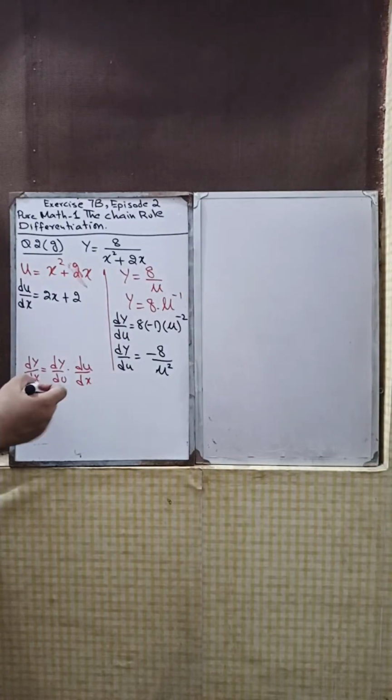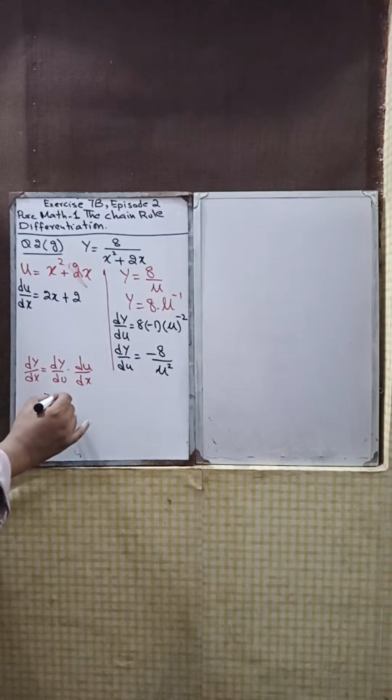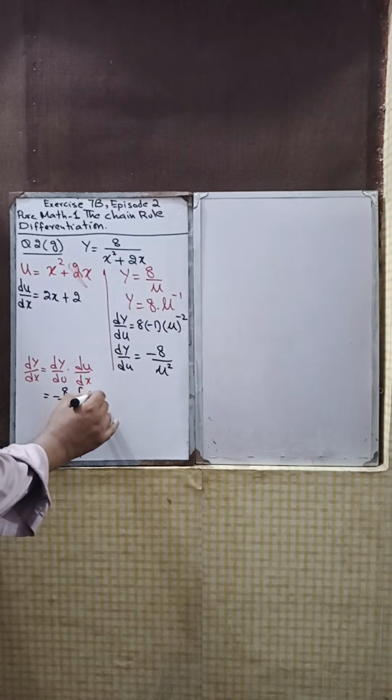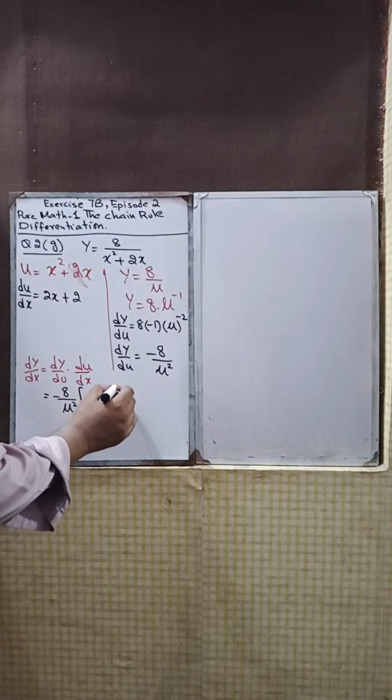Just put those values here. So dy by du is minus 8 divided by u square, and then in brackets, du by dx is 2x plus 2.